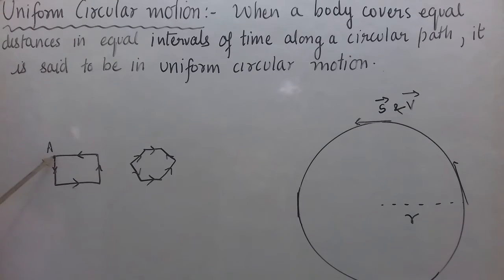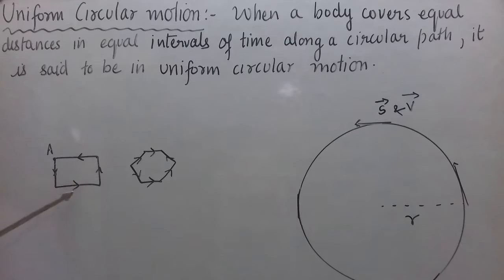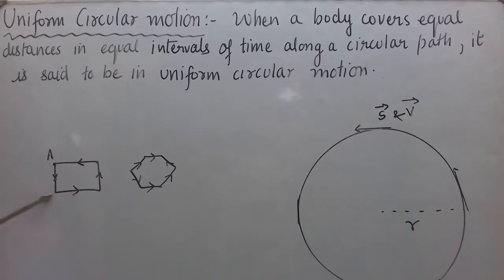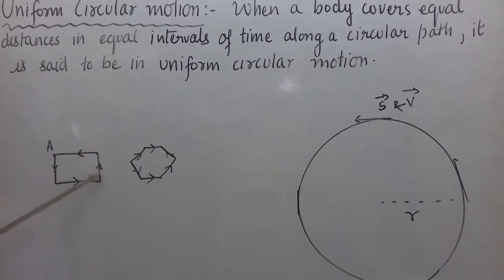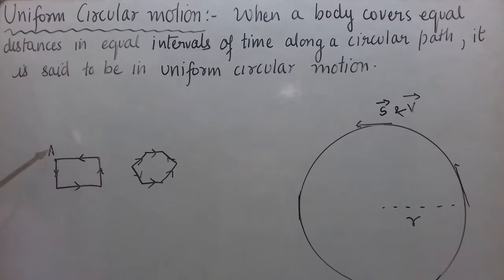You know that if you increase the number of sides of this closed figure, these length parts will go on decreasing and the number of corners will go on increasing.